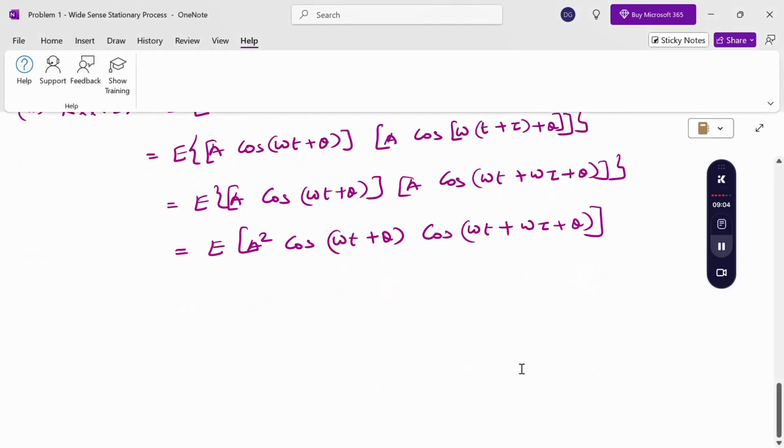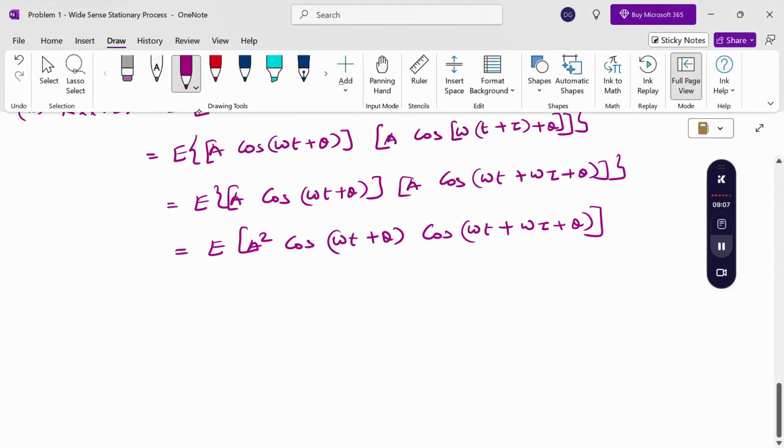Consider the whole term as a function of θ. Therefore, the expectation is the integral over 0 to 2π of the whole term, A squared cos(ωt + θ) cos(ωt + ωτ + θ).